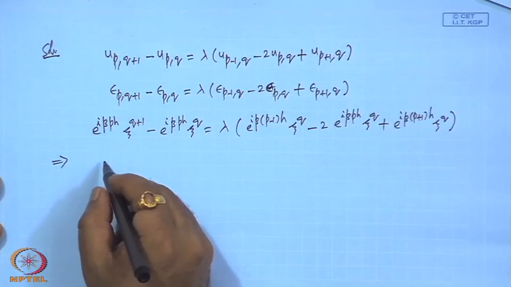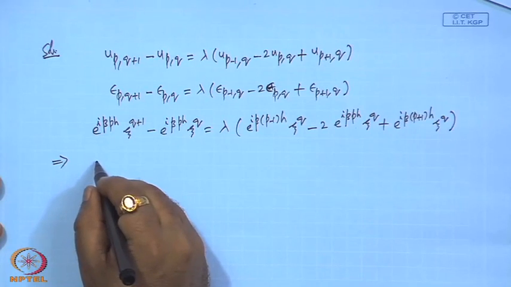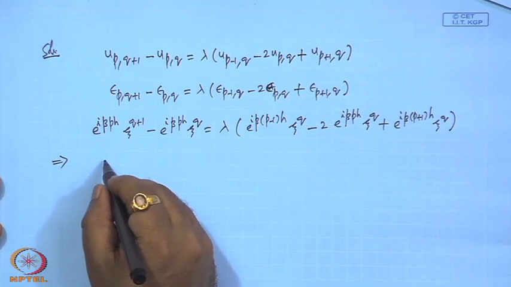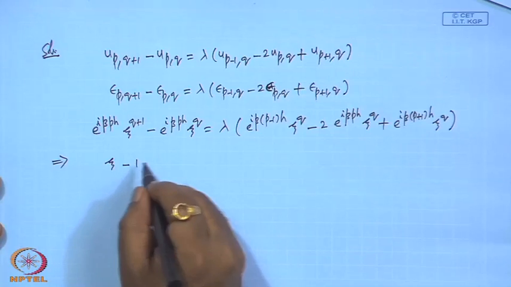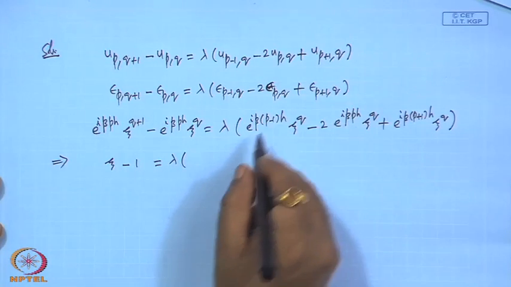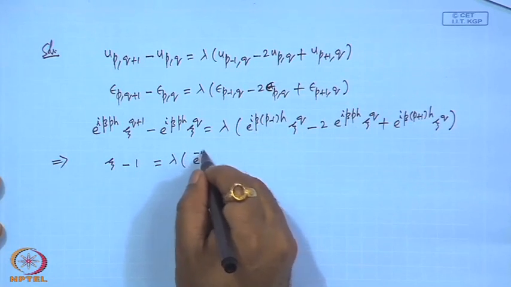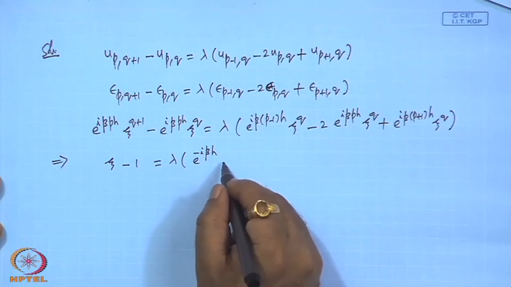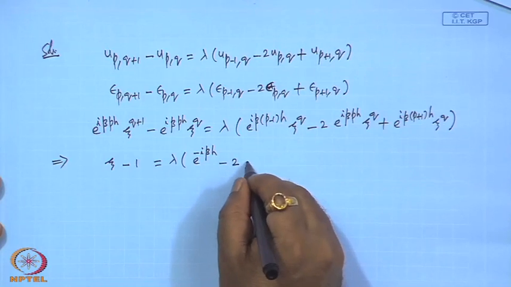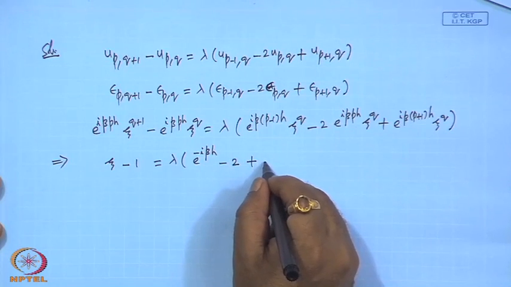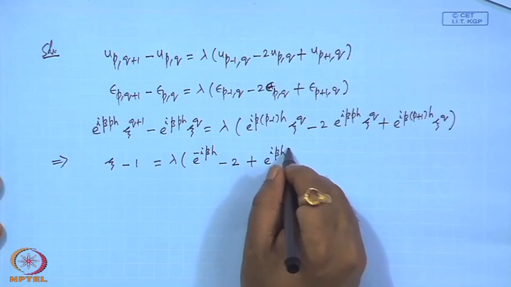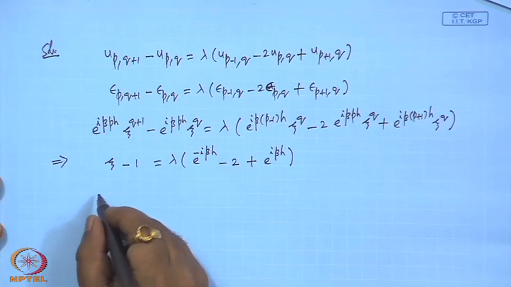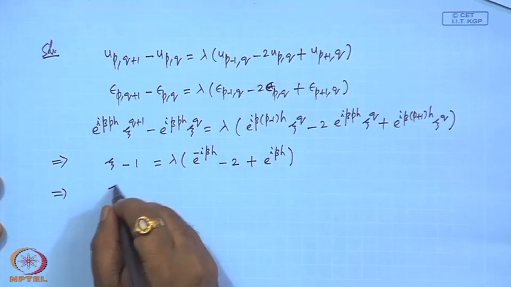Then after some cancellations we get, so we get this, and further simplifying.